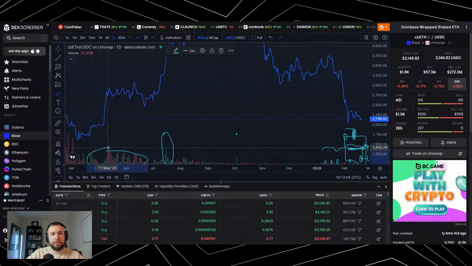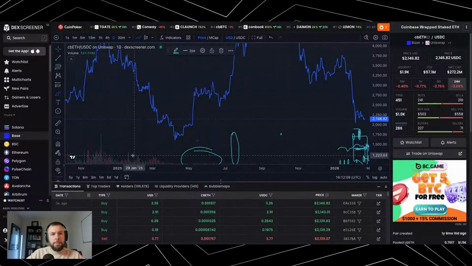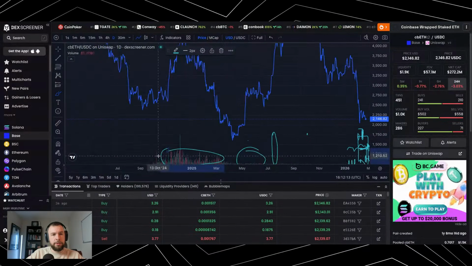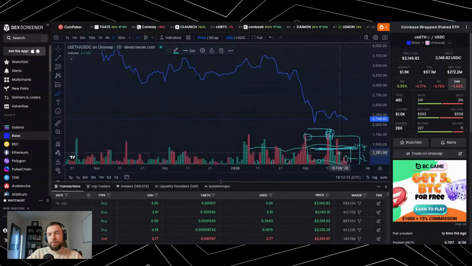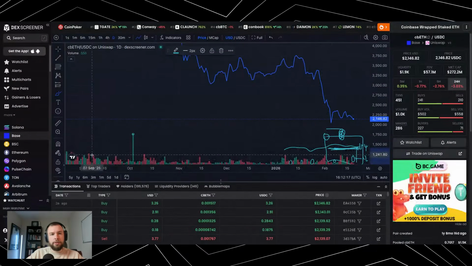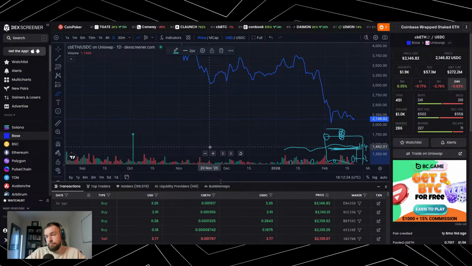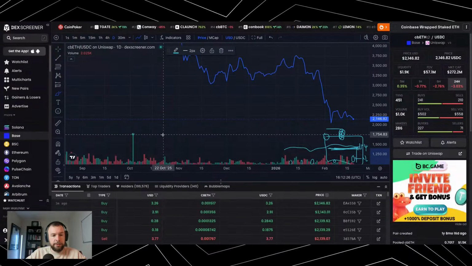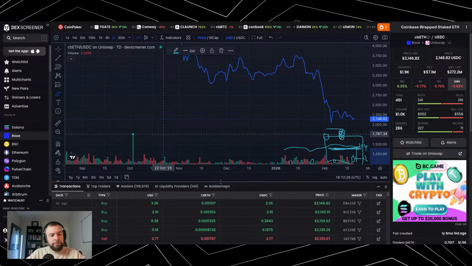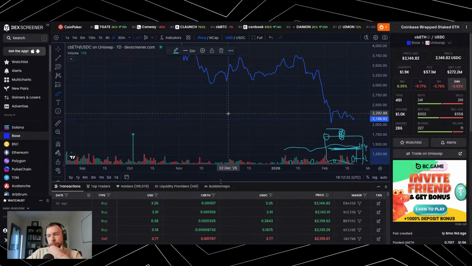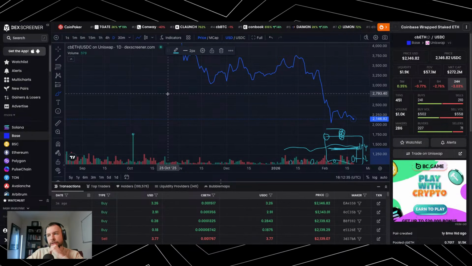And here, lots of volume, and then here, crazy volume. So there's loads of different peaks and troughs over the course of it. So there you go, that is why it is imperative to test all the time.